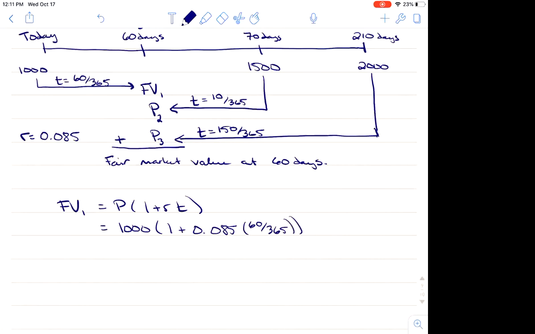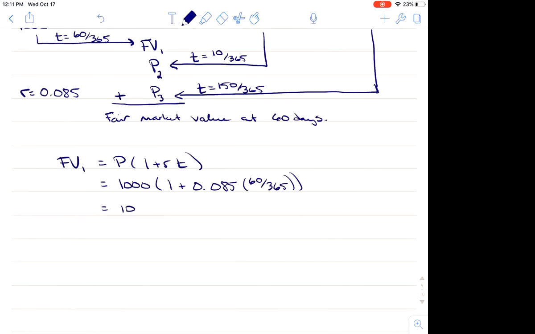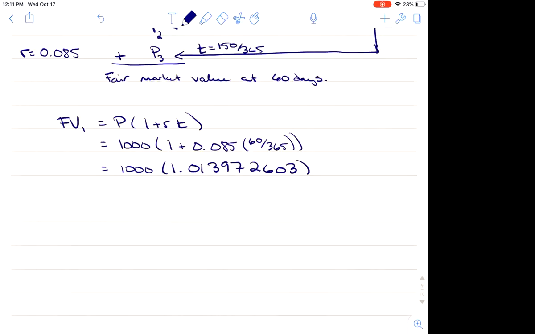These calculations we've seen before, and they're becoming very familiar very quickly. 60 divided by 365 times 0.085 plus 1 is 1.013972603. Times 1,000 is 1,013.97.